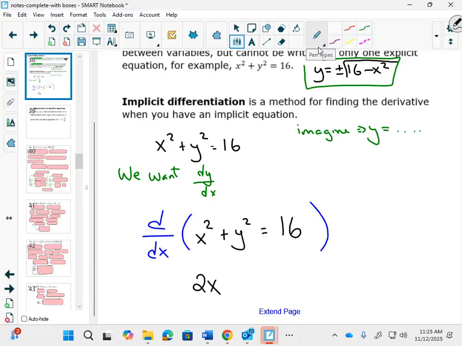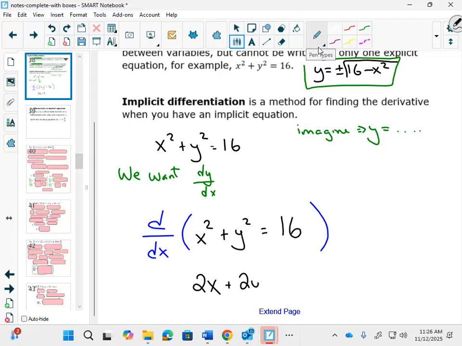What is the derivative of y squared? And this is where, if you had y by itself, do you see that this would be a chain rule? This whole thing would be inside the squared. How do you do a chain rule? You do the derivative of the outside function, so the 2 would come out in front.